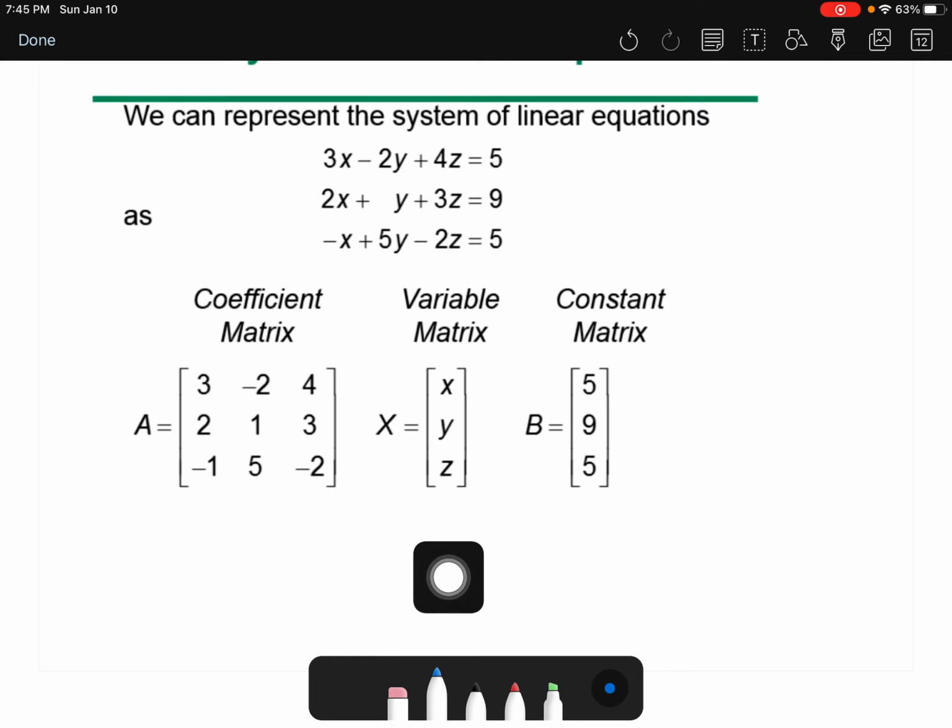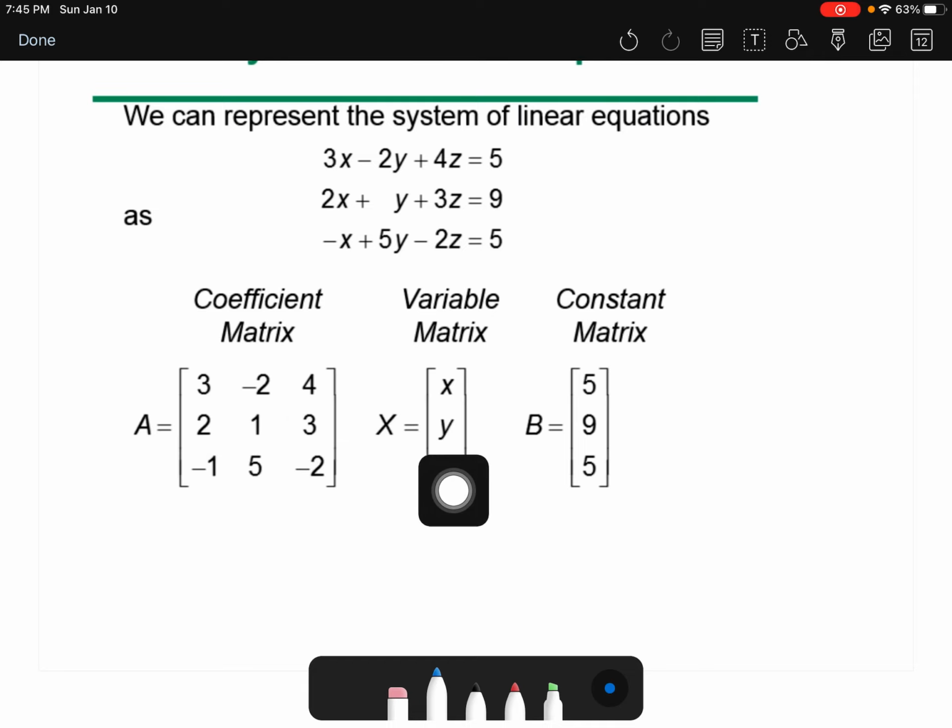Okay, and then you'll always stack x, y, z in a column in that order, and then your constants on the right side of the equation for all of them, those just go in a column matrix as well. Okay, and as we talk about solving these, if I take A times x and set it equal to b, I would get this exact same thing back because I'd be taking row times column.